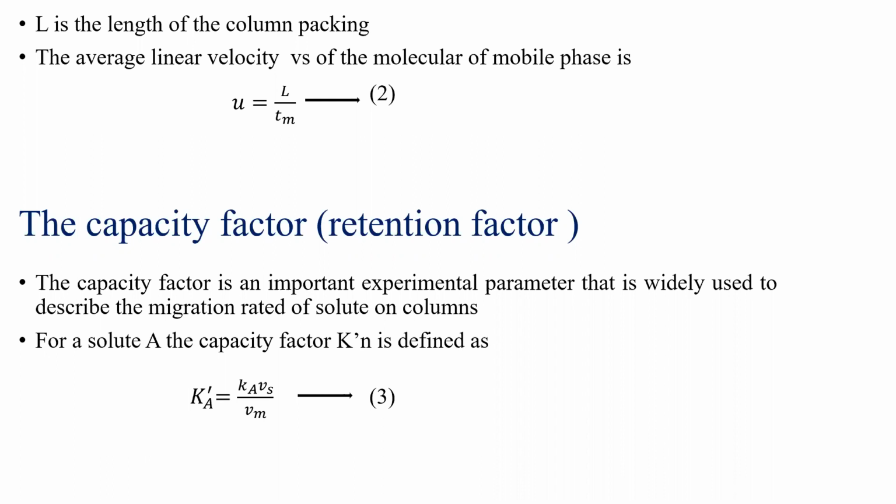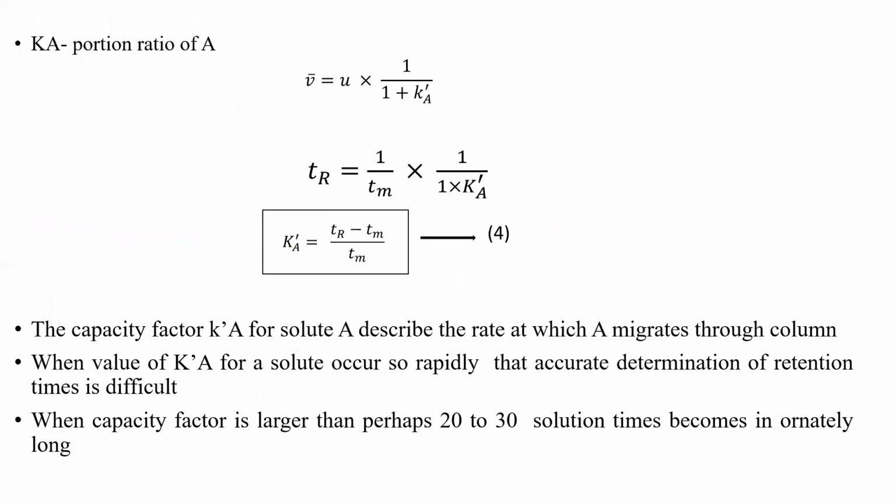Next, the capacity factor. It is also called the retention factor. The capacity factor is an important experimental parameter that is widely used to describe the migration rate of solutes on columns. For a solute A, the capacity factor K dash A is defined as K dash A equals Ka times Vs divided by Vm, the volume of stationary phase over the volume of mobile phase.